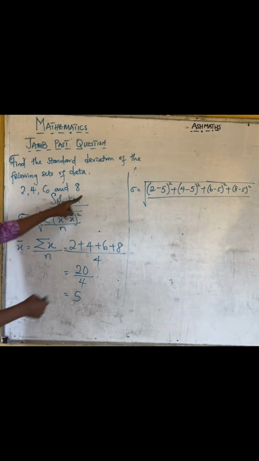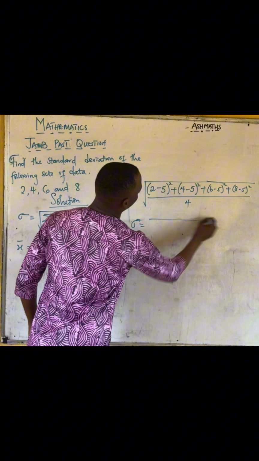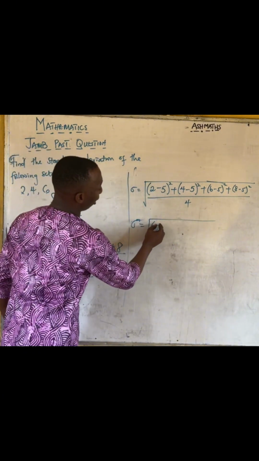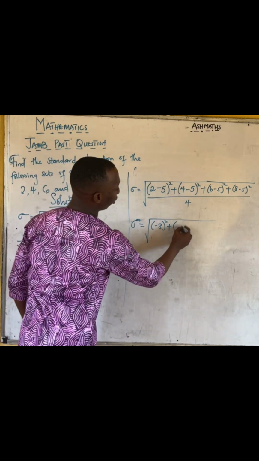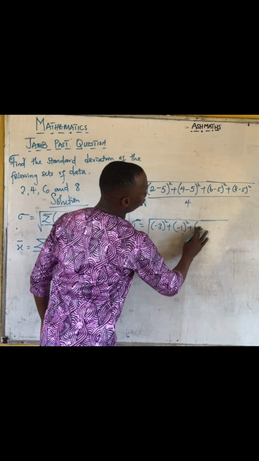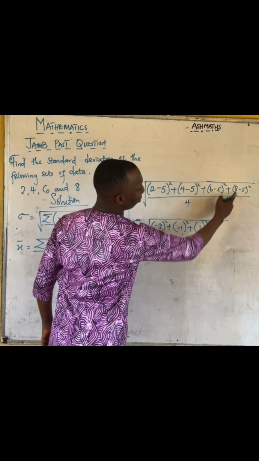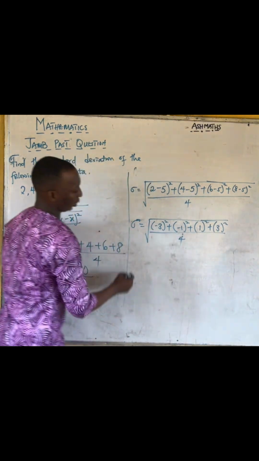How many items do I have? 4 already. So 2 minus 5 is minus 3, squared. 4 minus 5 is minus 1, squared. 6 minus 5 is 1, squared as well. Plus 8 minus 5 is 3, squared as well, all over the number of items.